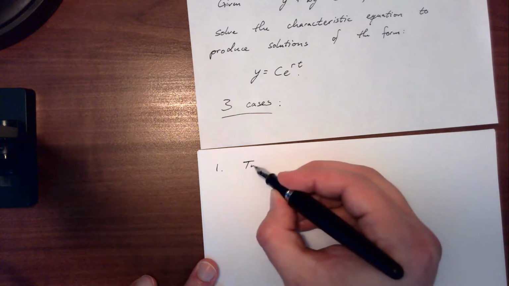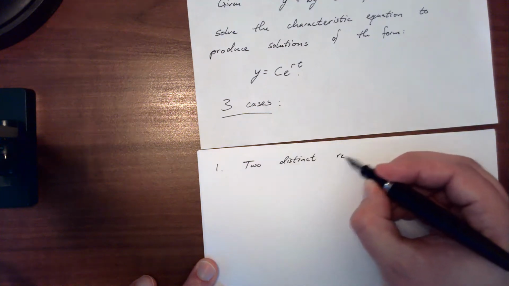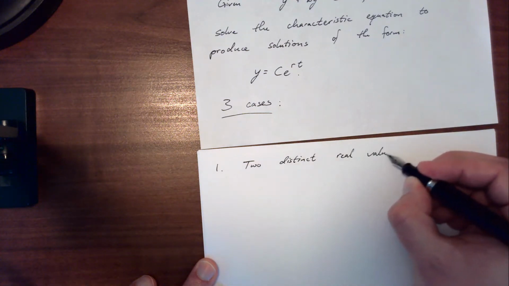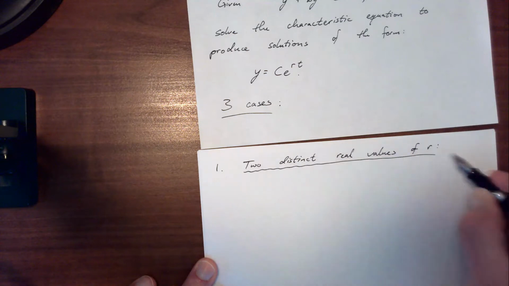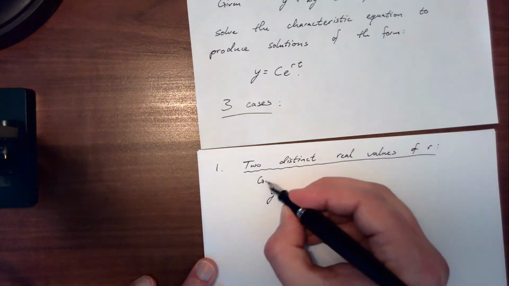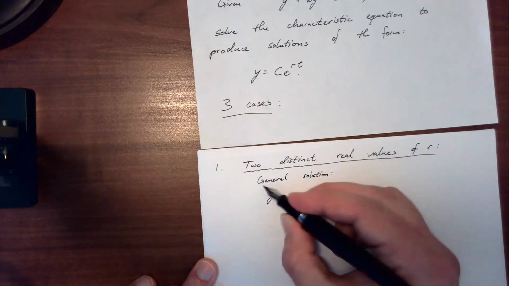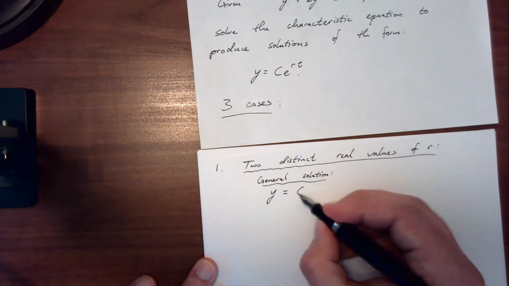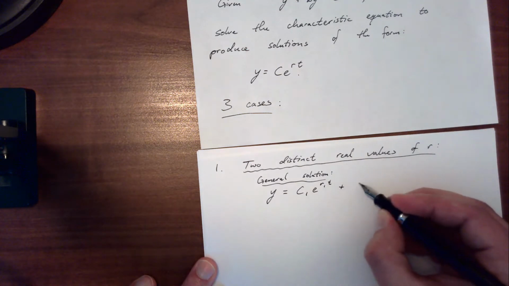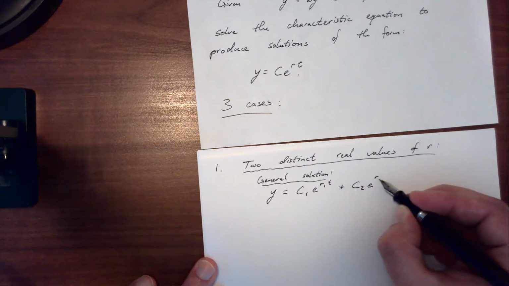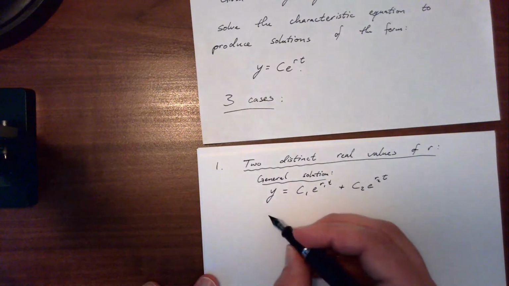Two distinct real values of r. Then our general solution is y equals c1 e to the r1t plus c2 e to the r2t, and we would solve for the c1 and c2 based on initial conditions if they were given.